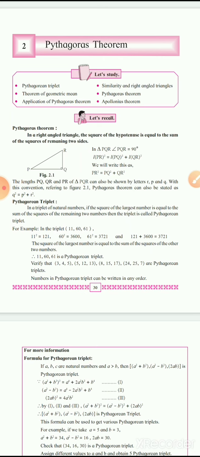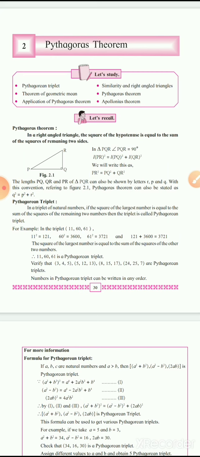Here in the figure, in triangle PQR, angle PQR is equal to 90 degree, means angle PQR is a right angle. Then length PR square.